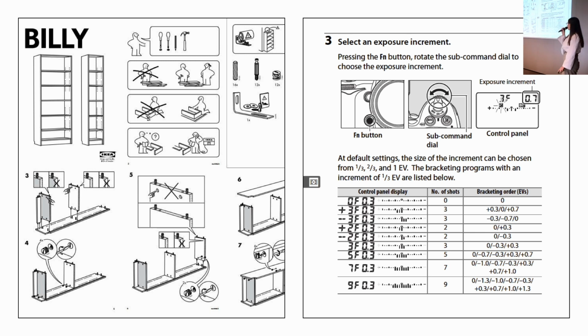So here we have two different examples of instruction manuals. I think probably a lot of you recognize what's on the left here. I'm guessing that there's a significant percentage of you that sometimes purchased and assembled a piece of IKEA furniture.